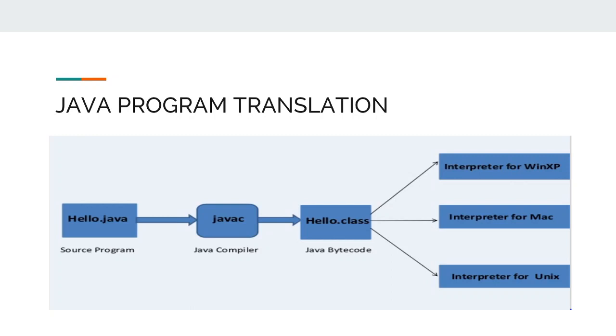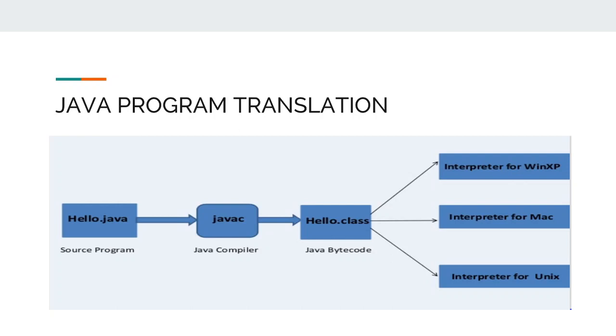By platform independent, it means if we copy this .class file, which is also known as Java bytecode, into any other platform, like Windows, Mac OS, Linux, etc., and execute it, it will run properly without any errors.